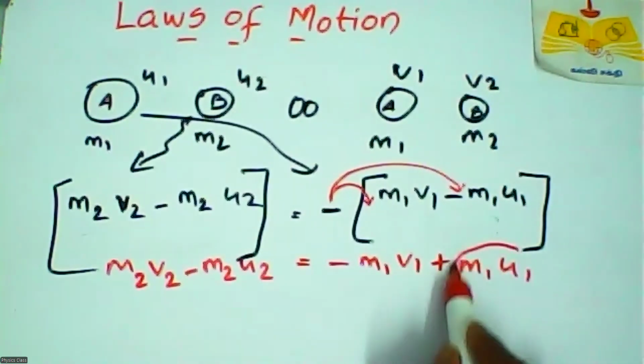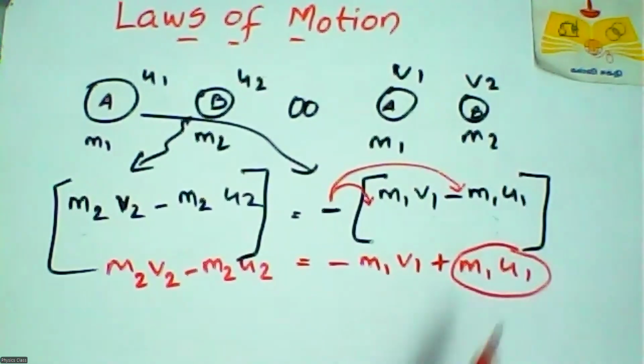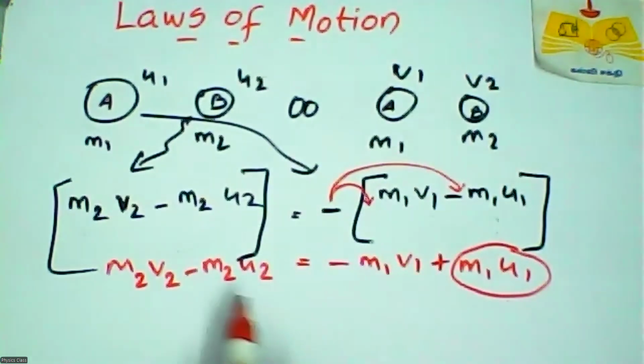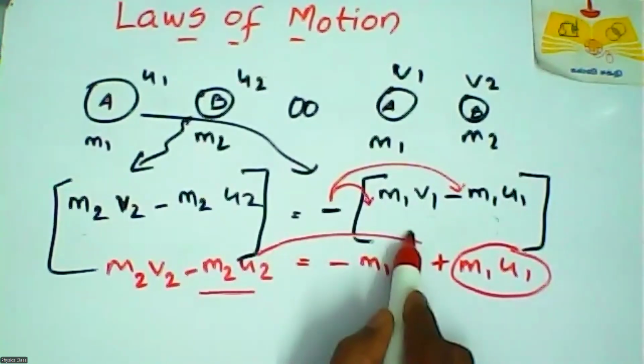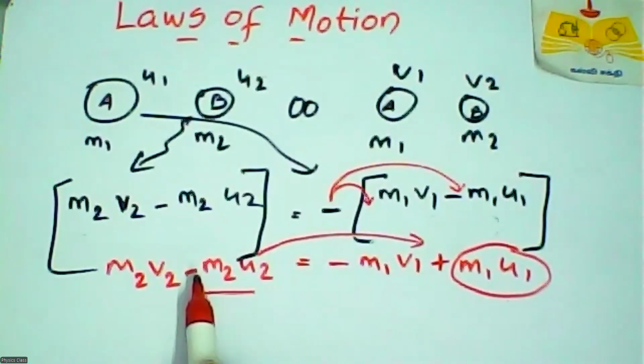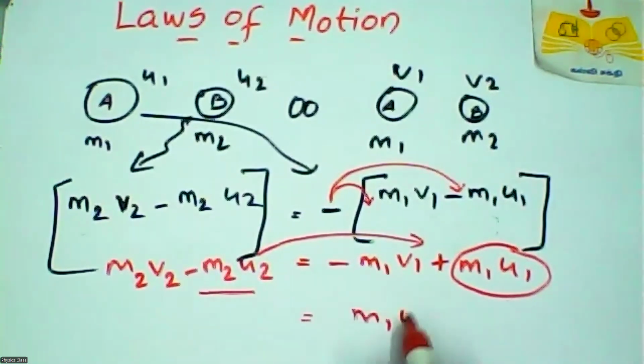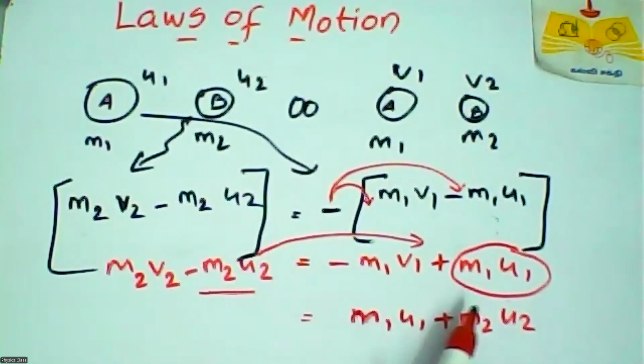So you can put that m1 u1 on that side, but this term goes into here. That minus term after the equal sign, that sign will change. So the m1 u1 term goes to the other side, and m2 u2, minus becomes plus.